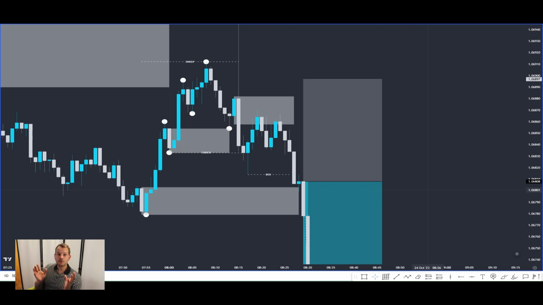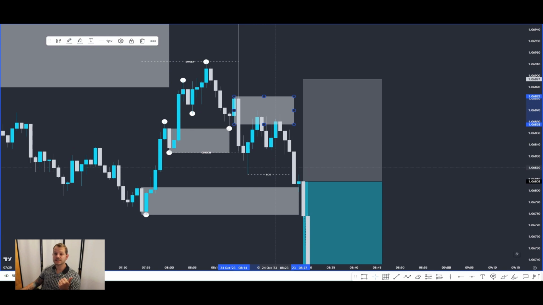And then to help our confluence, we took the change of character, so we took one of the lows that made the high. We then respected a supply zone, which you can see is this block here. That's the supply zone that's been respected. We couldn't break that, which means sells are in play. We then took the low of that, which becomes basically the second break, which is the break of structure.